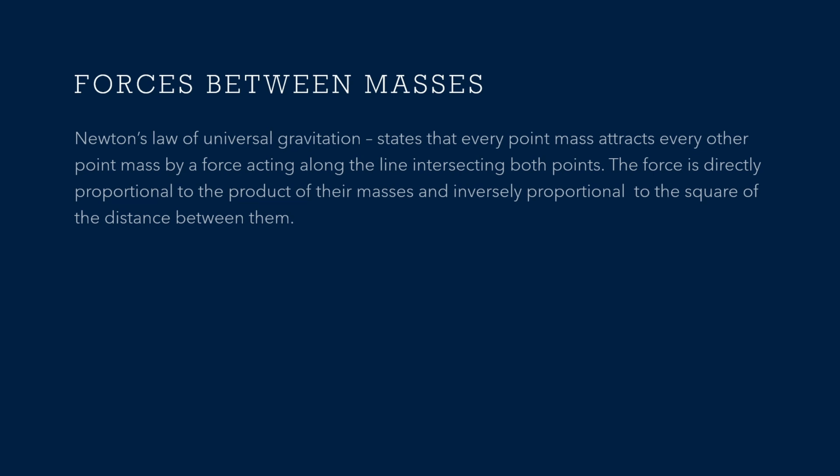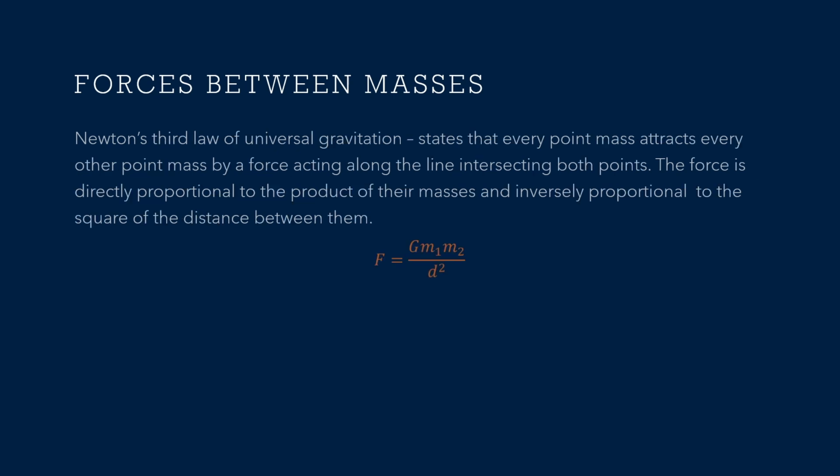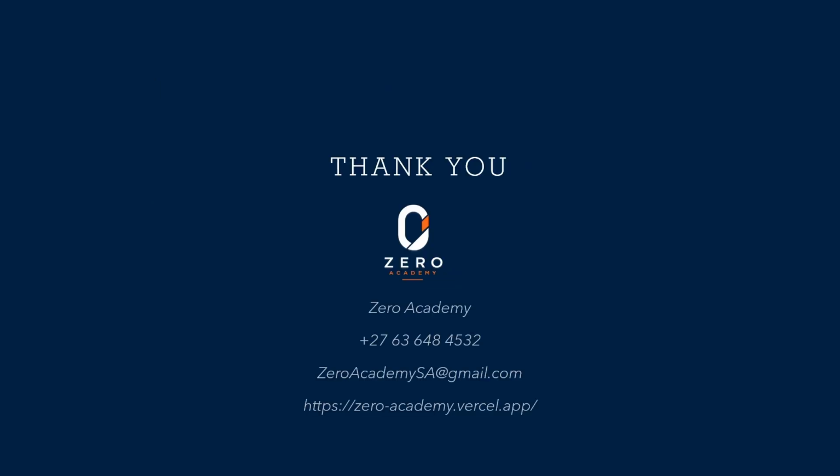Or mathematically, F equals G m1 m2 divided by distance squared. That G is a constant, m1 and m2 are two point masses, and the distance is the distance between the centers of the objects. And this one we will discuss further when we are dealing with some calculations. And hence that brings us to the end of the lesson.